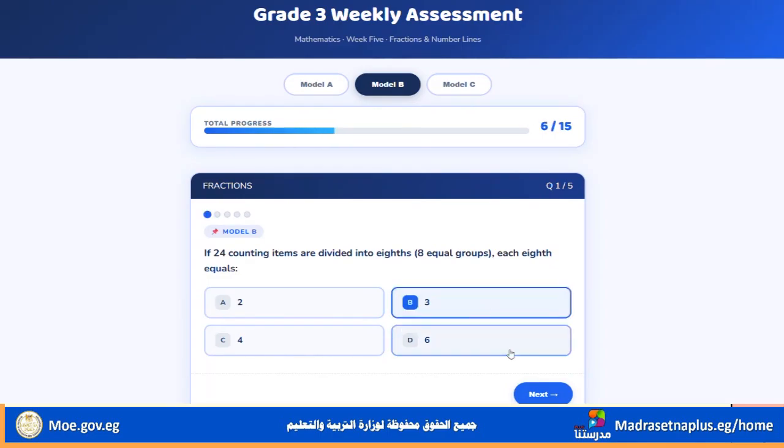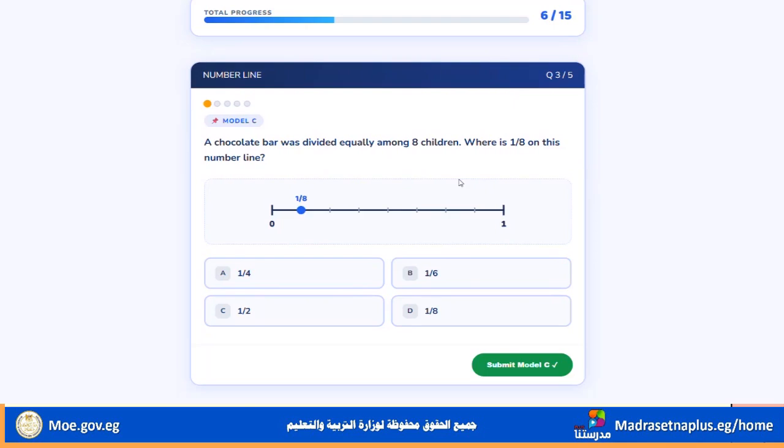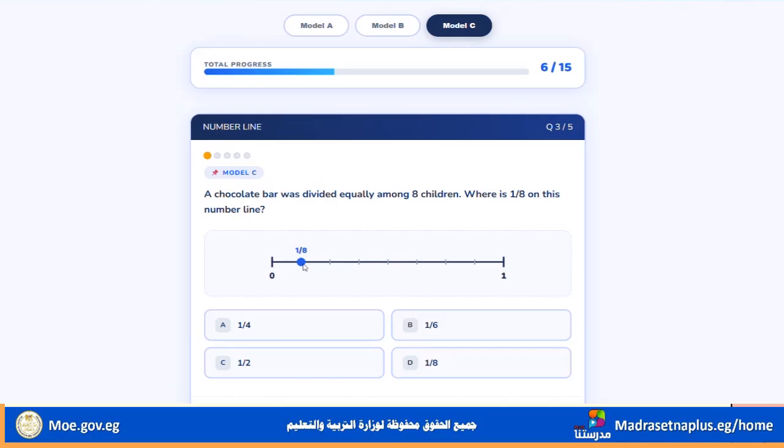That's right. Next, the same. You can see all models are the same. This part represents what? A chocolate bar was divided equally among 8 children. That means if you have a bar, or a piece of wood, you can divide it into 8 equal parts.